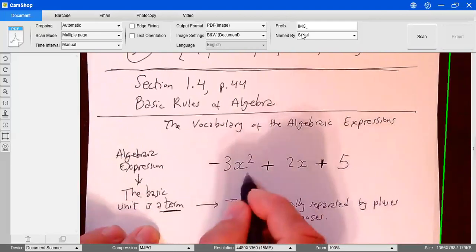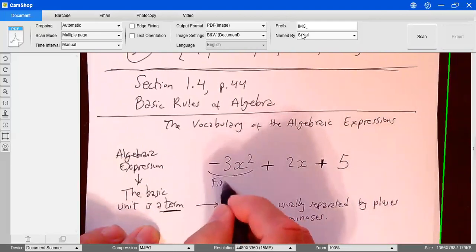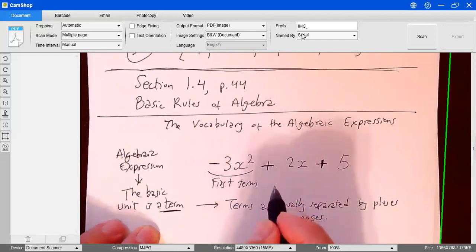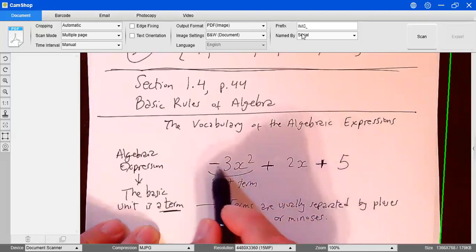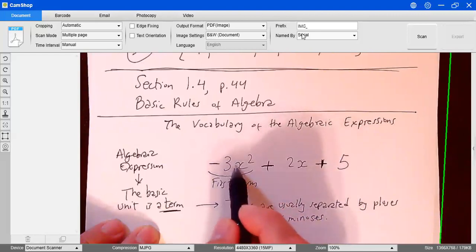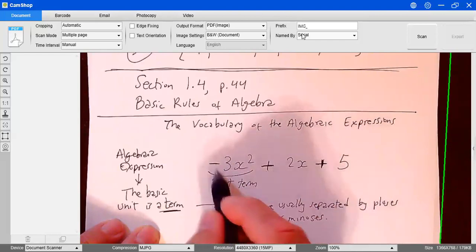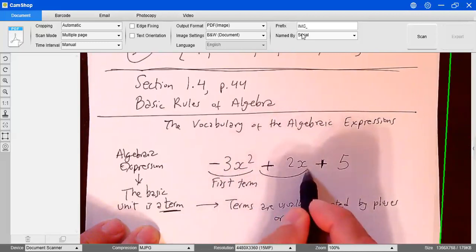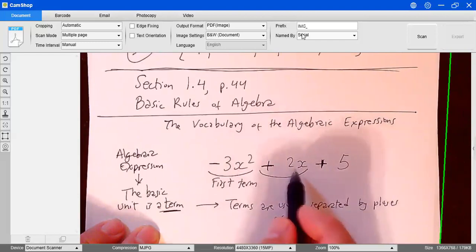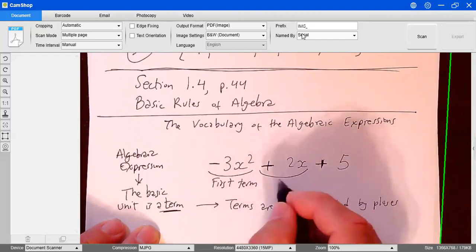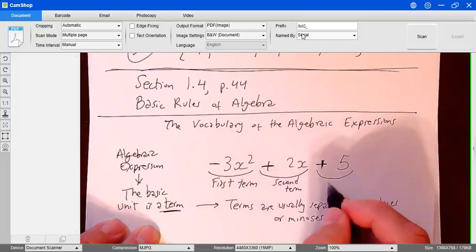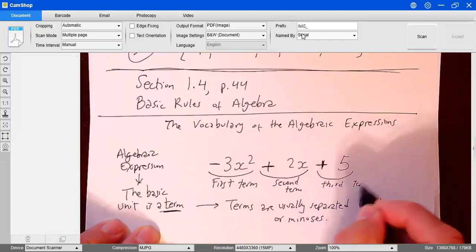So you're going to say that this is the first term. And the sign that precedes the term is the sign that corresponds to that term. So this minus goes with this, the plus goes with the expression that is on its right. So this is the second term, and finally this is the third term.